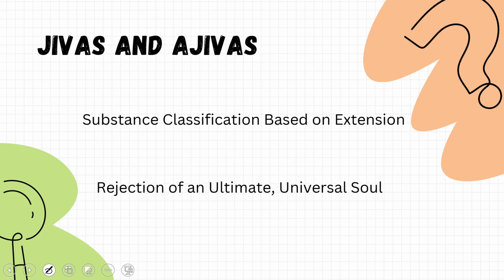So then you also have a classification based on extension, in the sense whether they occupy physical space or not. So can we have any example of something that occupies physical space?